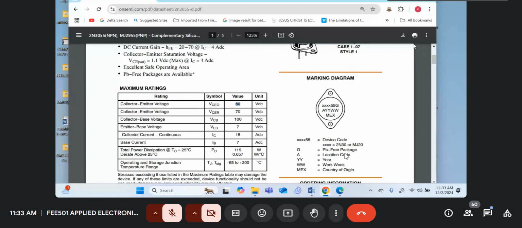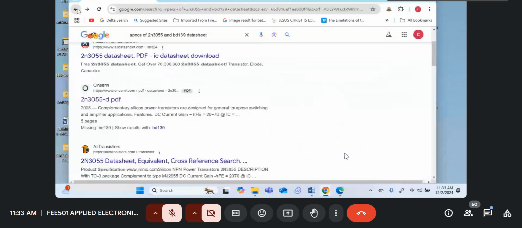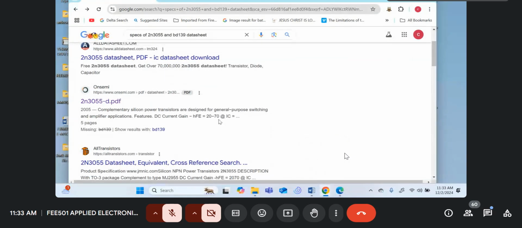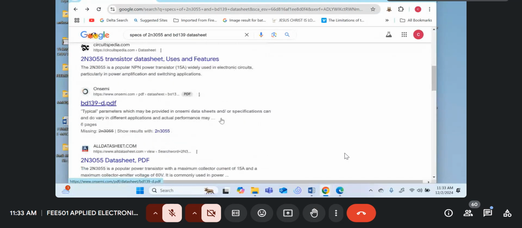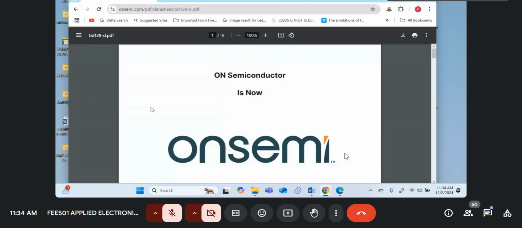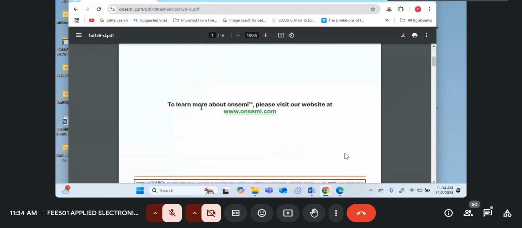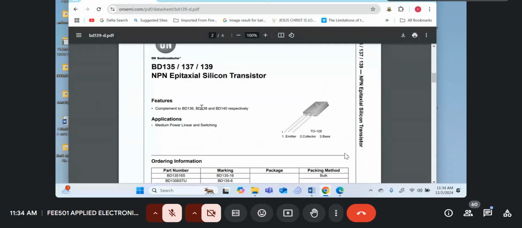Okay, let's look at the other one. It didn't give me BD139. Onsemi also produces BD139 here, from BD135 all the way to 139.